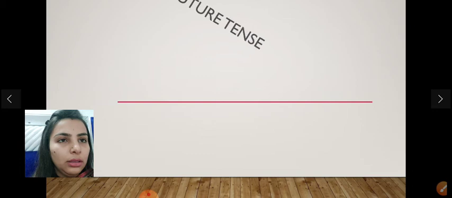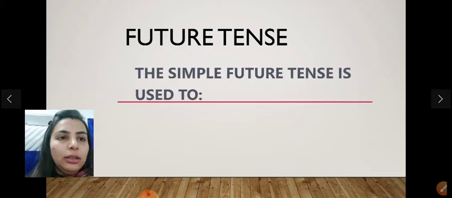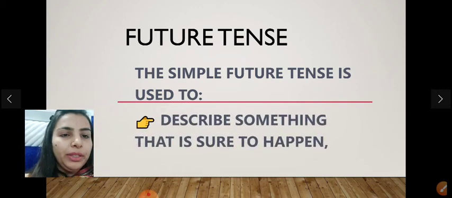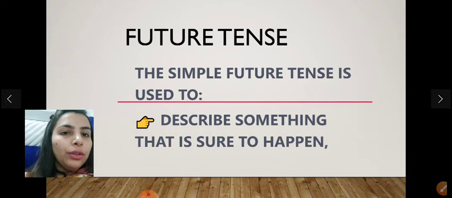See, future tense. The simple future tense is used to describe something that is sure to happen. When we are sure that anything will happen in the future, then we use the future tense for that.